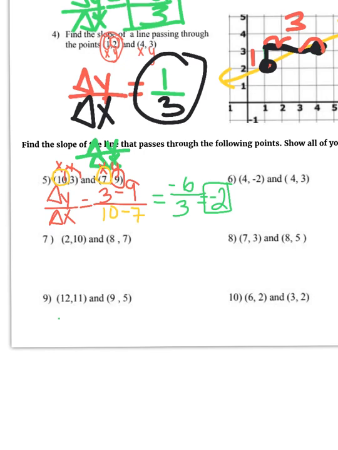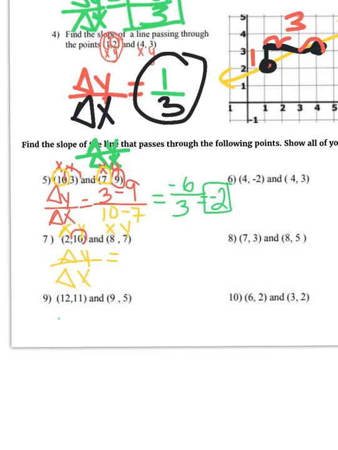Let's try another one. This one's going to be x, y, x, y, like the alphabet. X goes before y. So I have change in y over change in x. So let's find the difference of my y values.